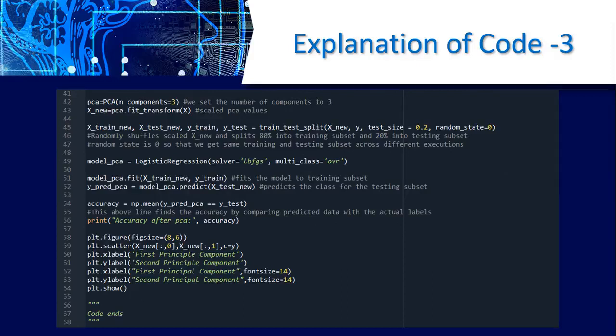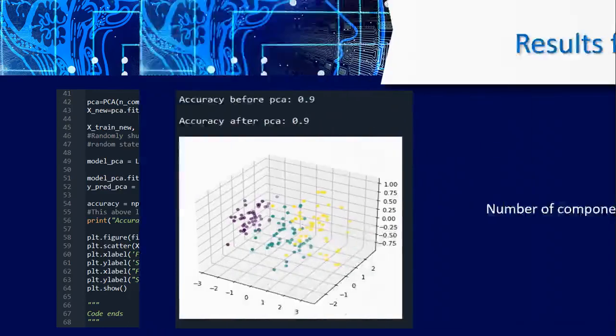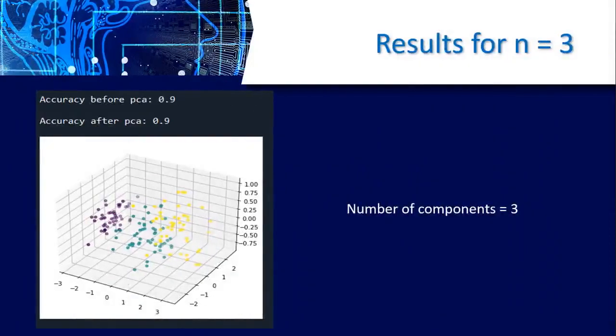Then we plot the first principal component and second principal component and see the graph. Here it's in 3D, and we can see 3 clusters. The accuracy for PCA after taking the number of components as 3 was 0.9, which is 90%.